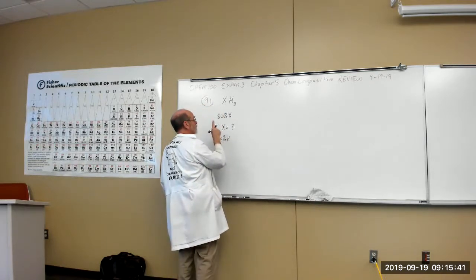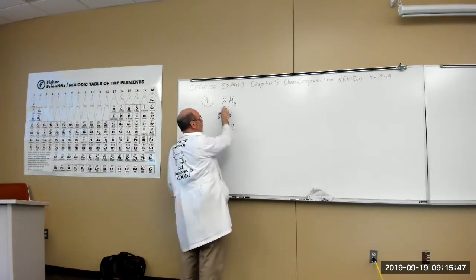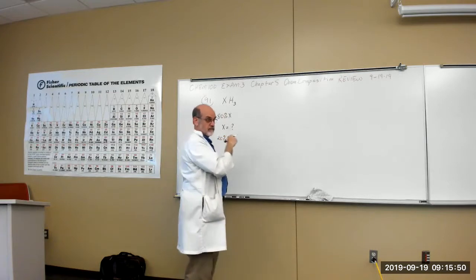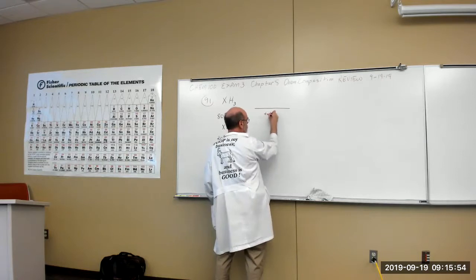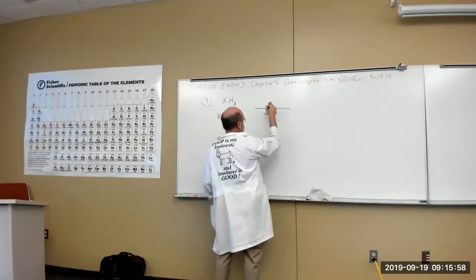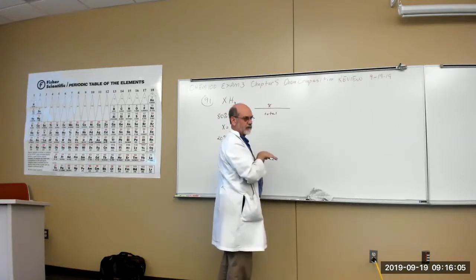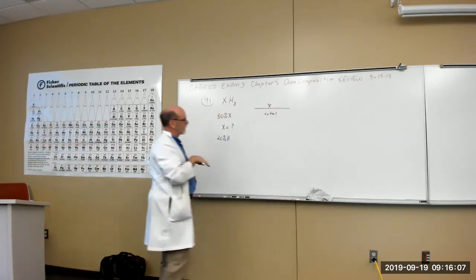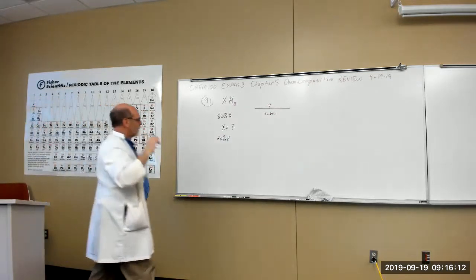How would we determine the percent X in this compound if we knew what X was? We'd ratio, right? We'd have the total on the bottom, and whatever X was on the top. The amount of X would be on the top, and the total would be on the bottom. So, what would that look like?